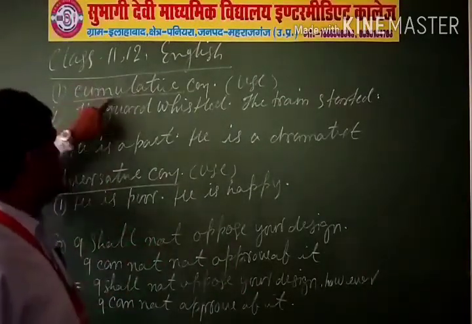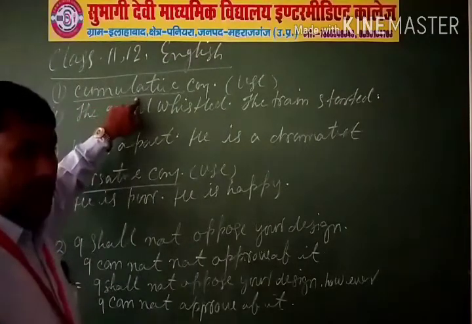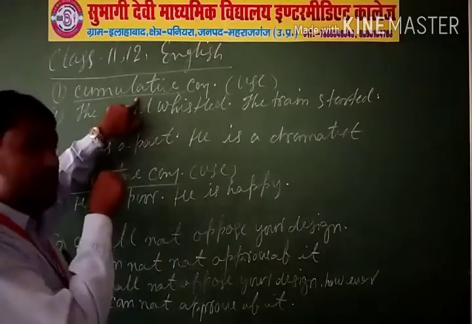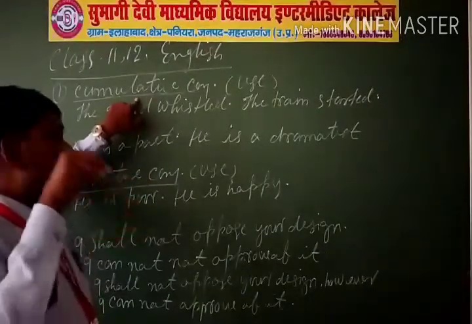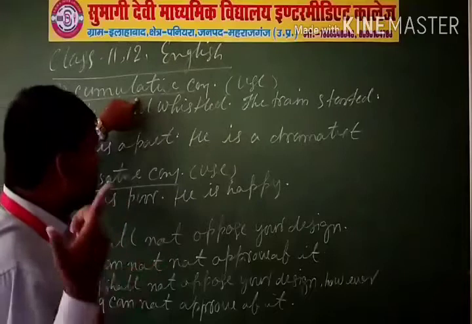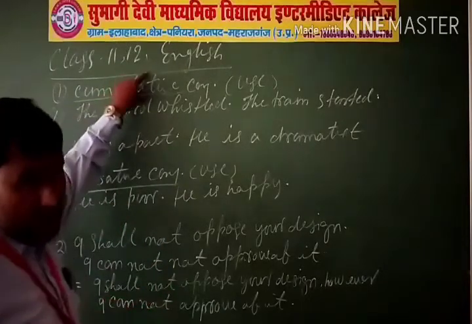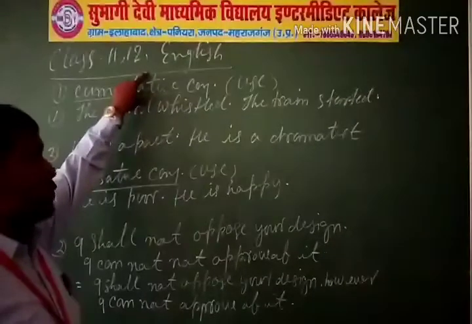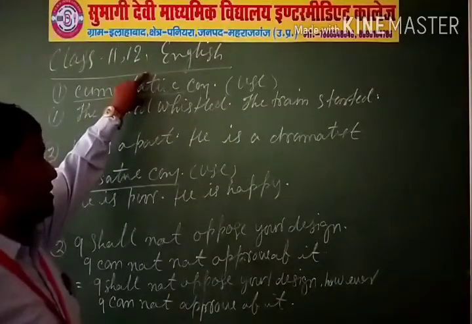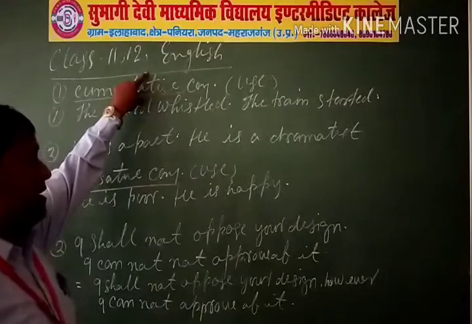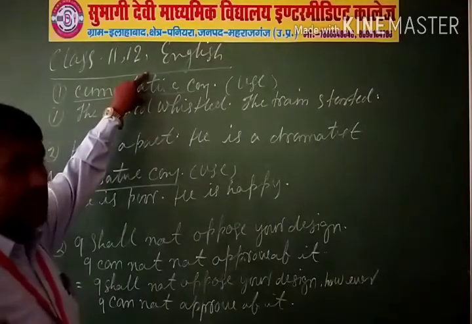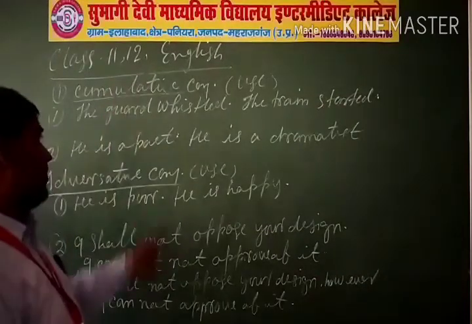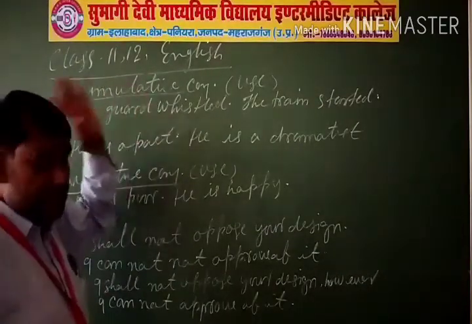Which words are cumulative conjunctions? In my previous classes I have already told you: and, as well as, not only but also, both and. These are the words of cumulative conjunction.